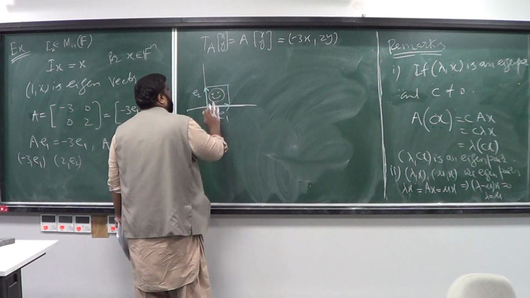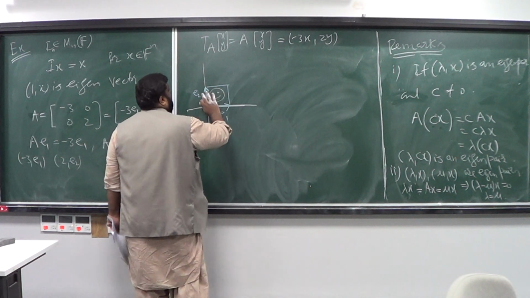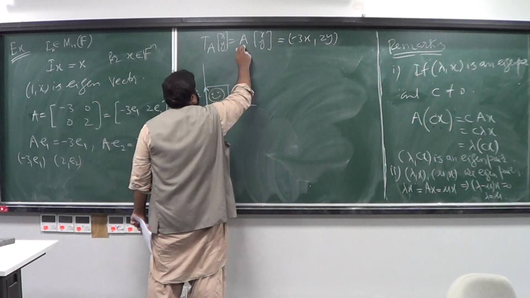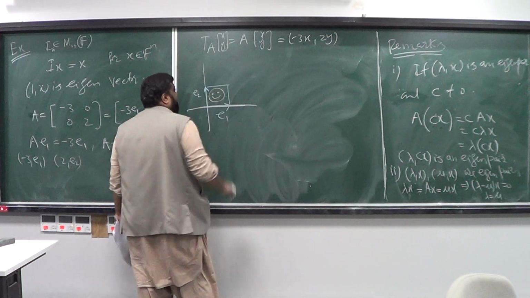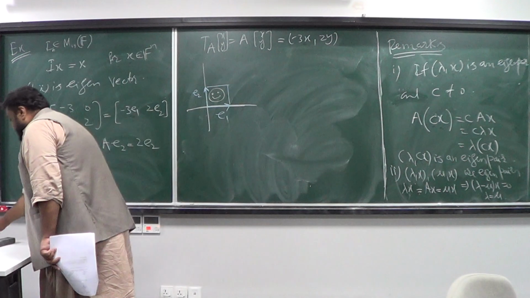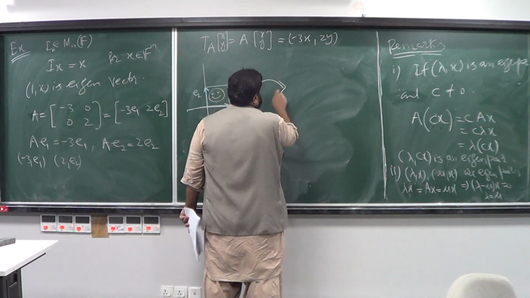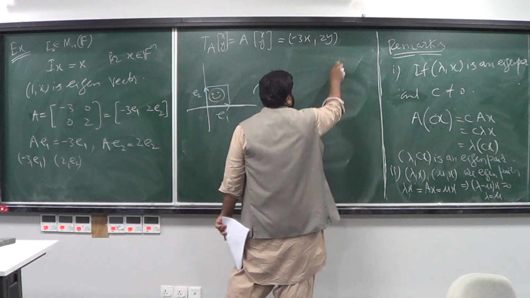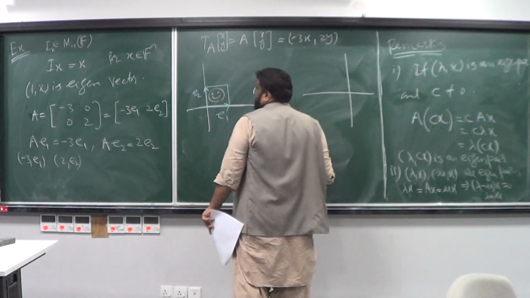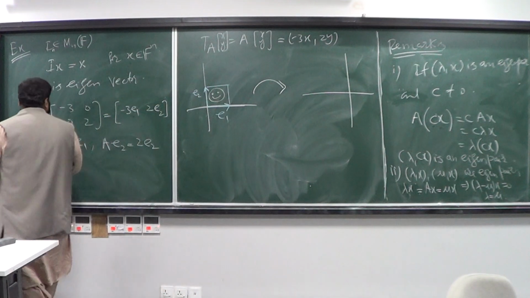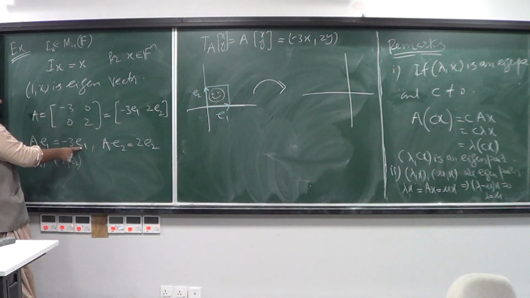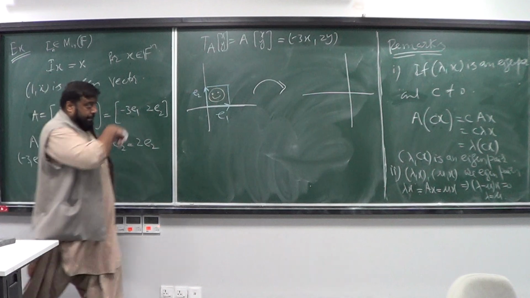What I would like to do is transform this region or this picture under the matrix A, or under the linear transformation A. So what do you think you're going to get? You're going to get something like this. The first thing is that E1 is transformed into minus 3 times E1.